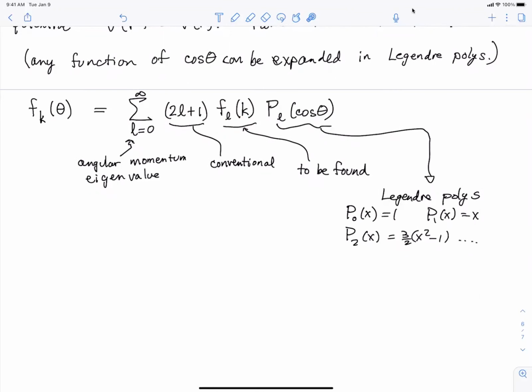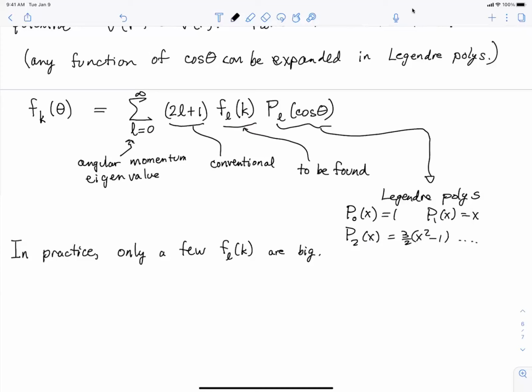That hope turns out to be valid because in practice, it will turn out that really high angular momentum doesn't really contribute very much. So in practice, only a few of them matter, meaning only a few of them are big, and you can forget about the rest. And a lot of times, in fact, it will turn out that only one of them will be big, and that's going to be the zero angular momentum f_L of k, but we'll keep them all for now.